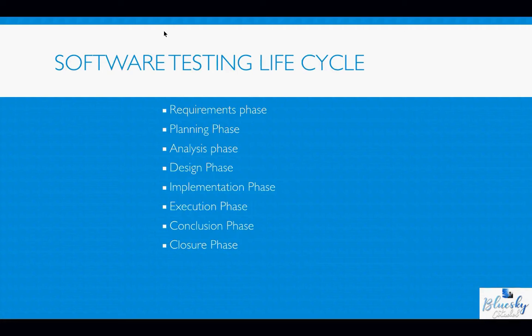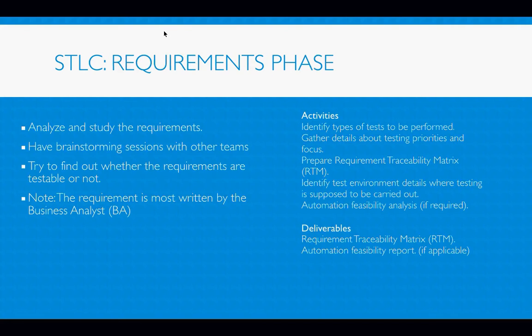Then going on, you have design and implementation, which they combine to make a design phase. Then you have the execution phase. Conclusion and closure could also be combined into one phase. So it depends on what your company is going through. It's okay to have them split out like this, which I think is really cool, to be honest.